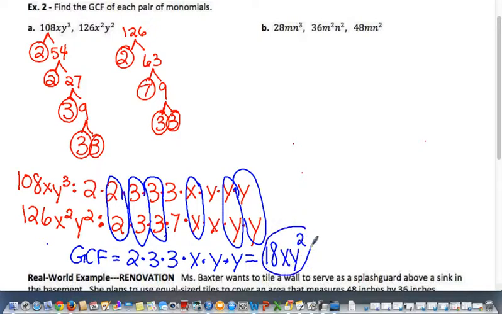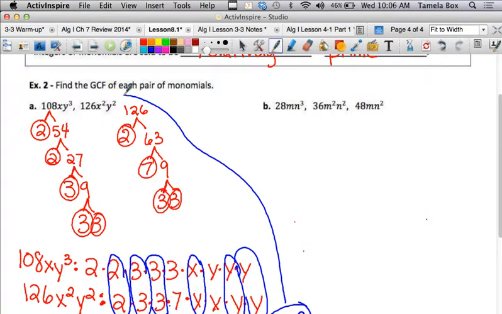And so that is the GCF for these two monomials up here. Okay? And yes, it seems like it took a while, but these are our notes. Remember, we always kind of do everything the longer way so we can see how we get there, and some of you will see a quicker way as we go.